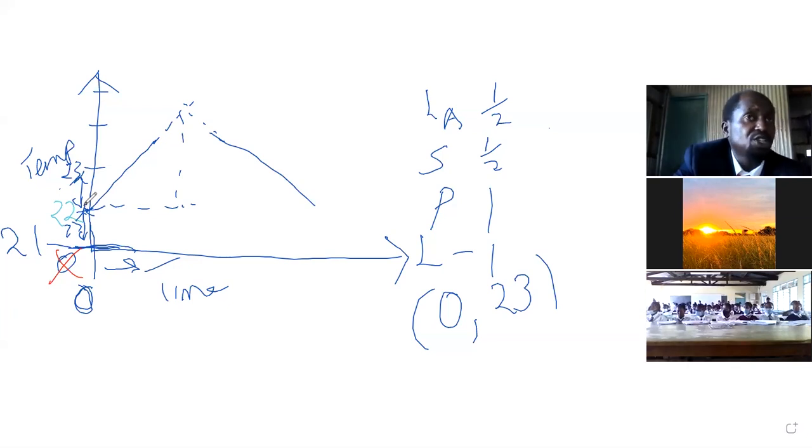Calculations on delta H. Delta H equals MC delta T. The equation should be shown, though it does not score.